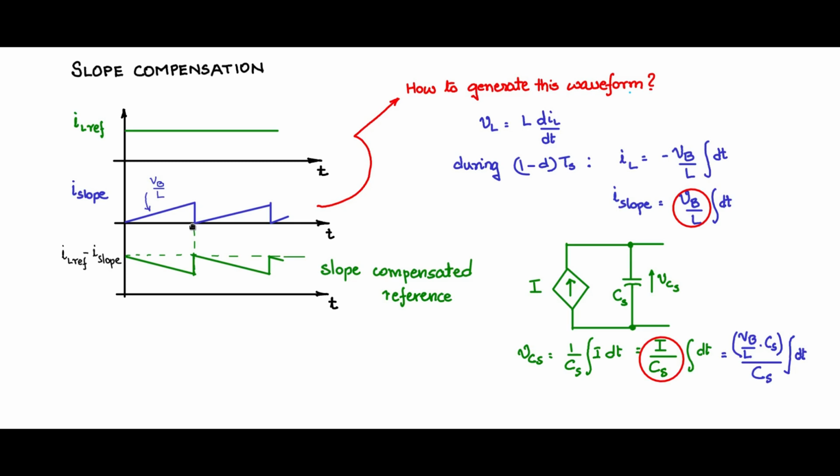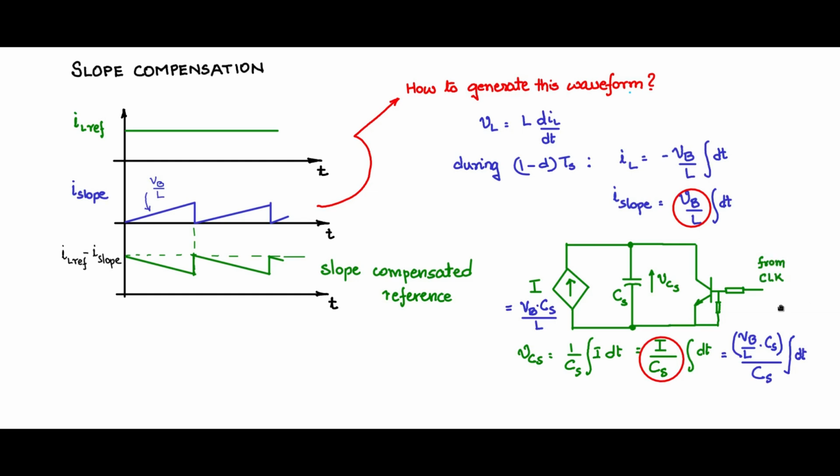So there has to be a reset mechanism. So let us connect across this a switch. The current source, I will set it at Vb Cs by L. Now I will connect a switch there across the capacitance and drive that switch on or off from the clock.